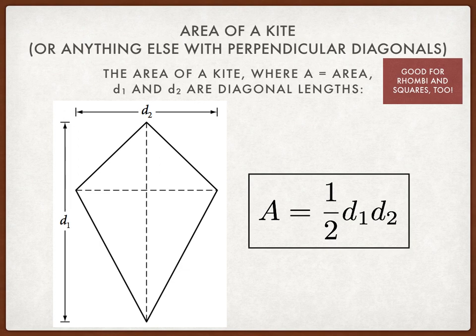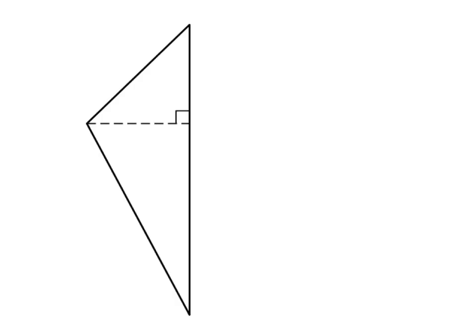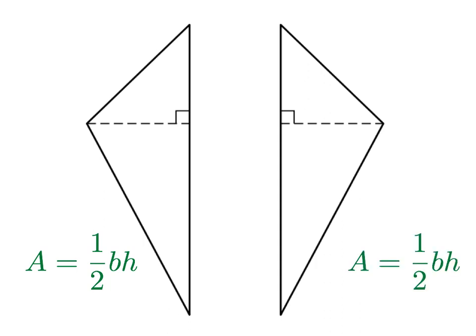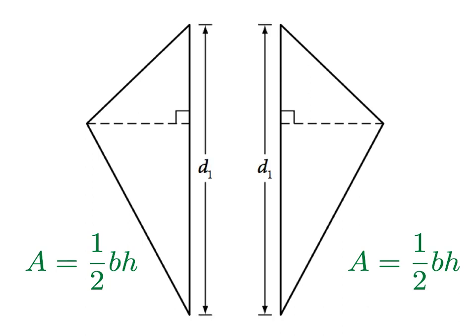If you imagine splitting your rhombus or your kite right down the middle, now this is a triangle, right? We've got 1/2 base times height. The other is also 1/2 base times height. Now the dimensions of these two triangles: let's call the base length d1.